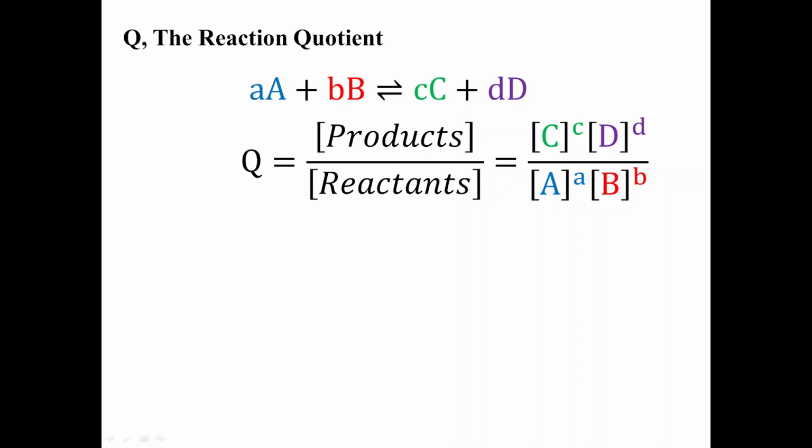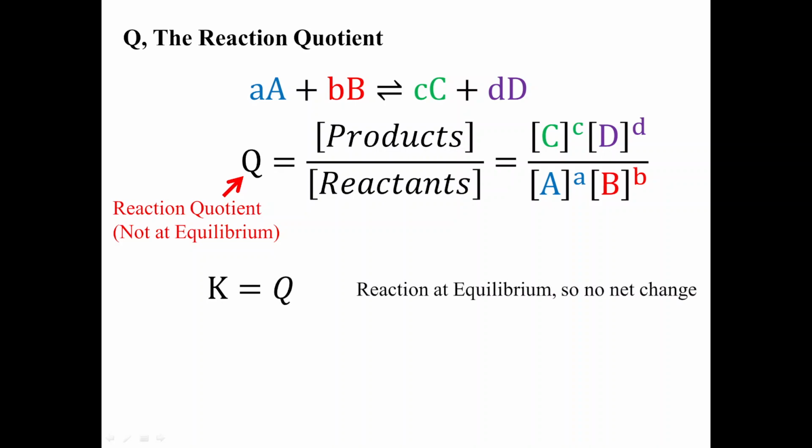Now what we can do with this is compare it with our equilibrium constant and figure out which way the reaction is going to go. So if our equilibrium constant is equal to Q, then that means our reaction is already at equilibrium and there's not going to be any net change. The concentrations are going to remain constant.